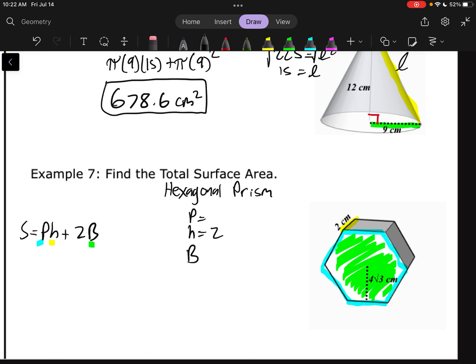And B, the area of the hexagon, well, you know the formula for that. The formula for that is 1/2 AP. That's the formula for any sort of regular polygon. Now, as far as that formula goes, we do know what the apothem is. The apothem is that 4√3 they gave us. But the P, we still don't know because that's the same P that we didn't know from before.